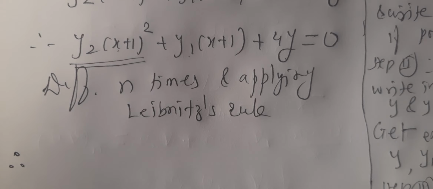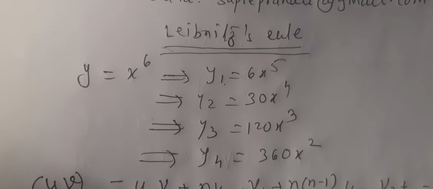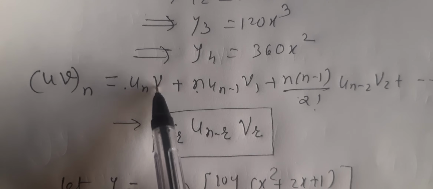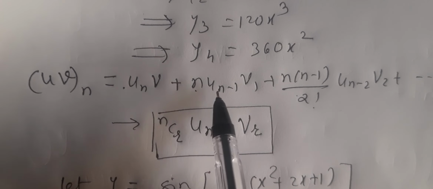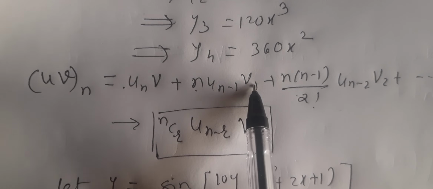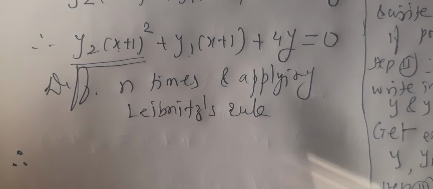I told you. The Leibniz rule is, see, nth derivative of first term, second as it is, plus n into n minus first derivative of first term and first derivative of the second term. Let's see how it works now.